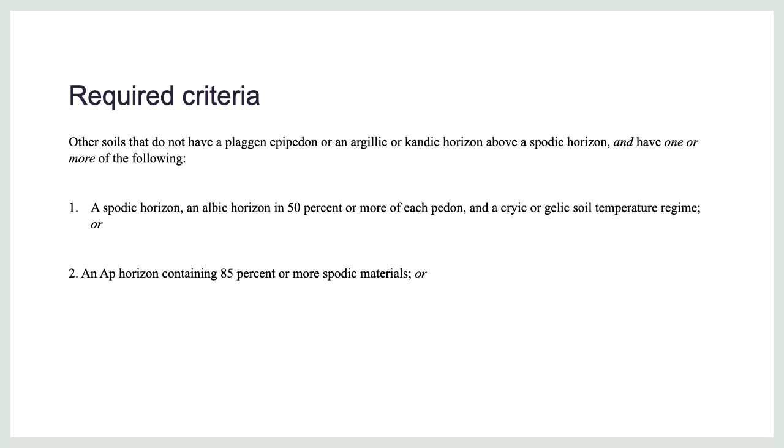Okay, they have a spodic horizon, an albic horizon in 50% or more of each pedon, and they register an gelic or cryic soil temperature regime, very, very low temperatures. They could be found in areas with permafrost, but of course, to classify a soil as a spodosol, it should not register permafrost.